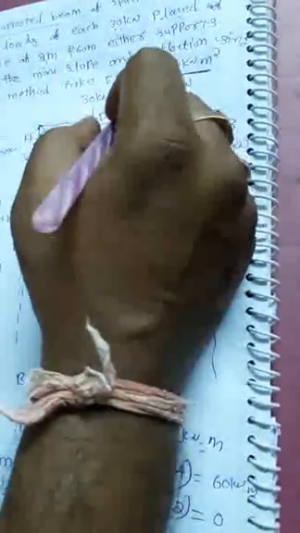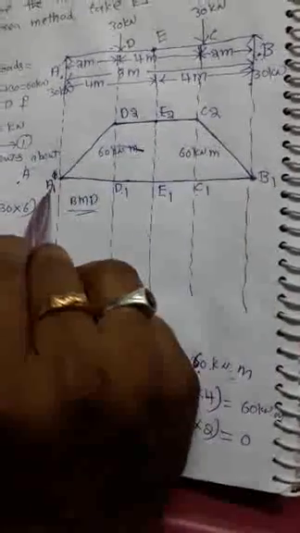This is the diagram, and this point is E, with E1 and E2. So the points are E1, E2, D1, D2, C1, C2, B1, A1.